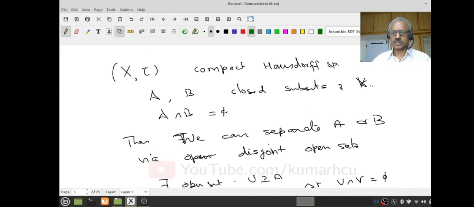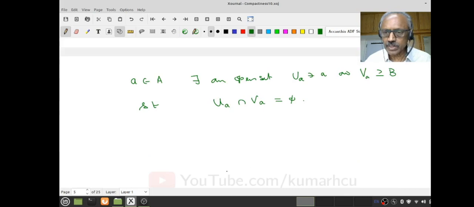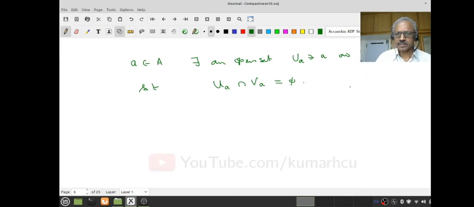Since B is a closed subset of a compact space, B is also compact. Therefore B is a compact subset of a Hausdorff space, and since the sets A and B are disjoint, the point a is not an element of B. Therefore, by the last result, there exist open sets U and V which separate the singleton a and the set B. So we are calling them U_a and V_a. Is that clear? This is by the last result.